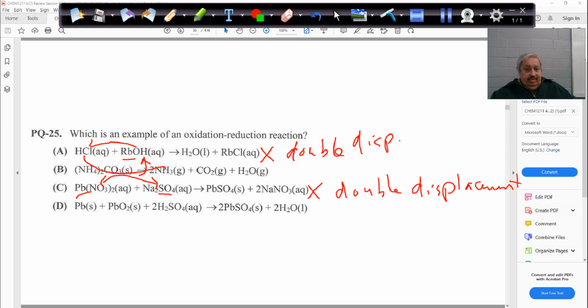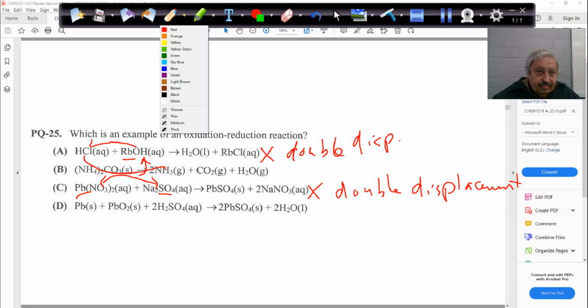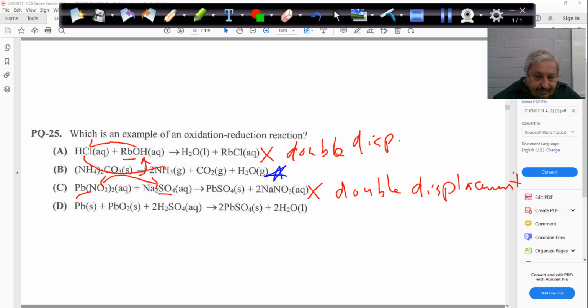So now we have to consider only these two. This is a decomposition reaction, correct? CO2, ammonia. A and C are displacement.